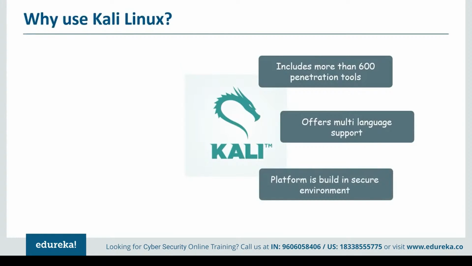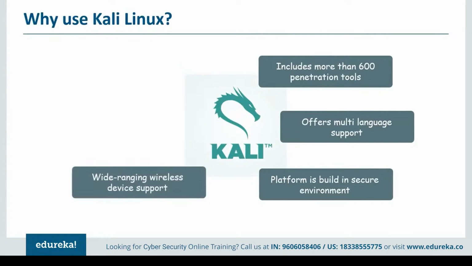Moving on, Kali Linux is actually built in a secure environment. The Kali team is made up of a small group of individuals. Those are the only ones who can commit packages and interact with repositories, all of which is done using multiple secure protocols. So basically, it is built in a secure environment. And moving on, one of the striking features of Kali Linux is that it supports wireless devices.